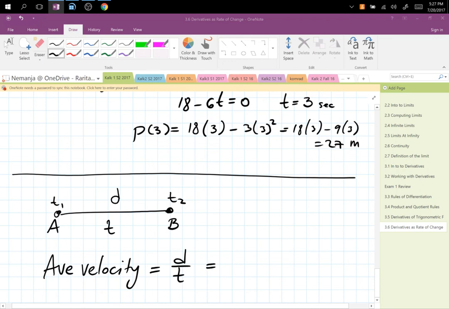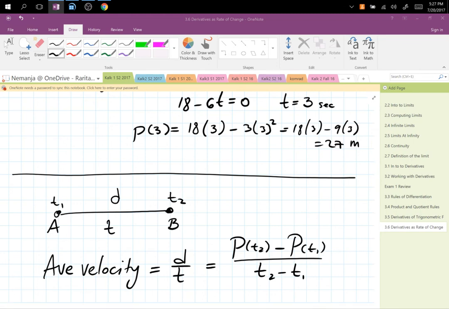The better way to understand this would be to use the slope equation, which means position at time 2 minus position at time 1 divided by t2 minus t1. So you have position over time, and you are calculating average velocity here. And now this is equivalent, guys, to the slope of the secant line.